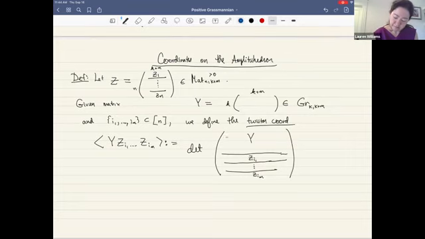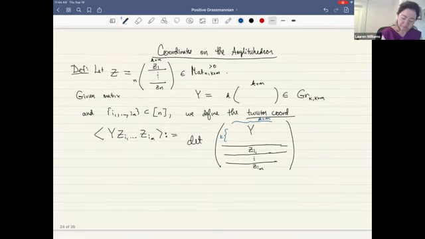Y is a k by k+m matrix, and when I add m row vectors, which are all vectors in R^{k+m}, I get a square matrix, so I can take its determinant. This is called the twistor coordinate.